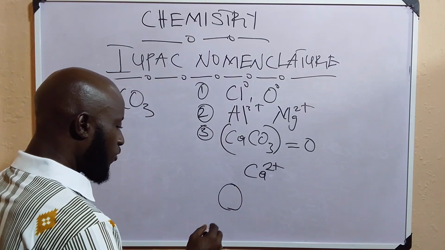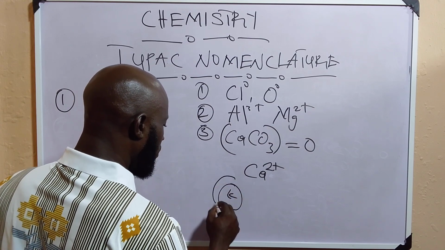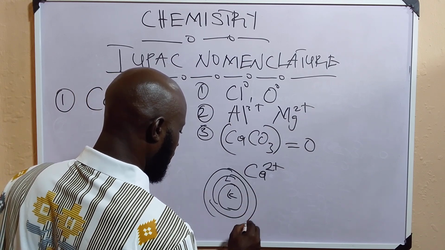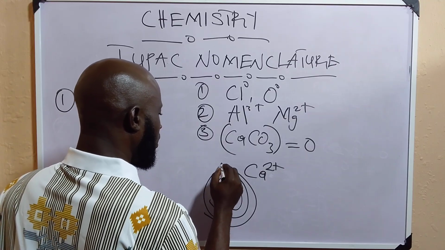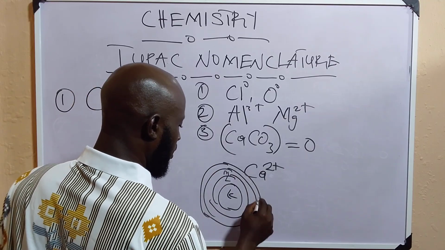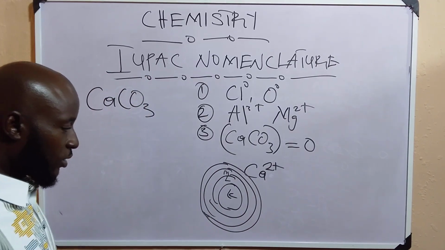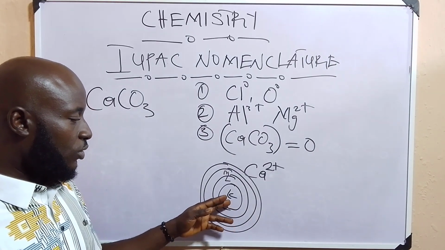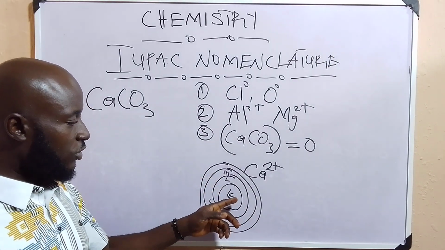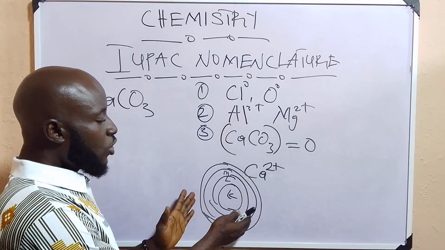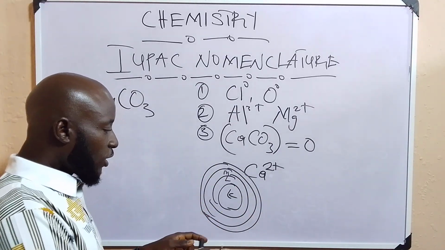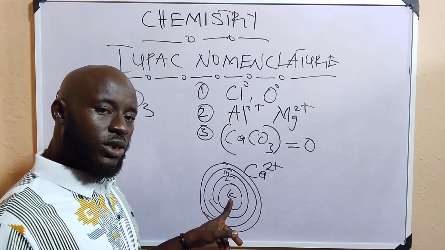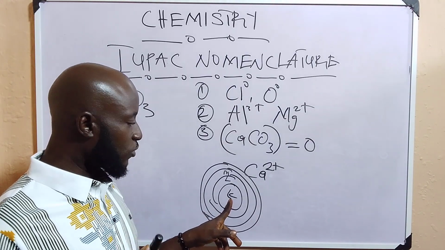We have the K, L, M orbitals. My interest here is to show you how electrons are being organized in an orbital. The K shell contains the maximum of 2 electrons.